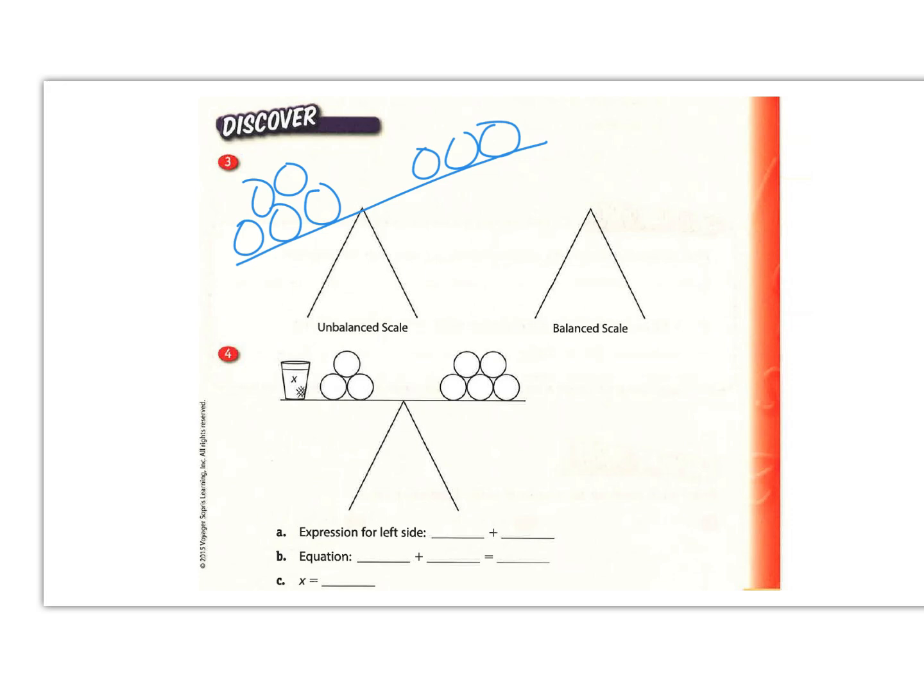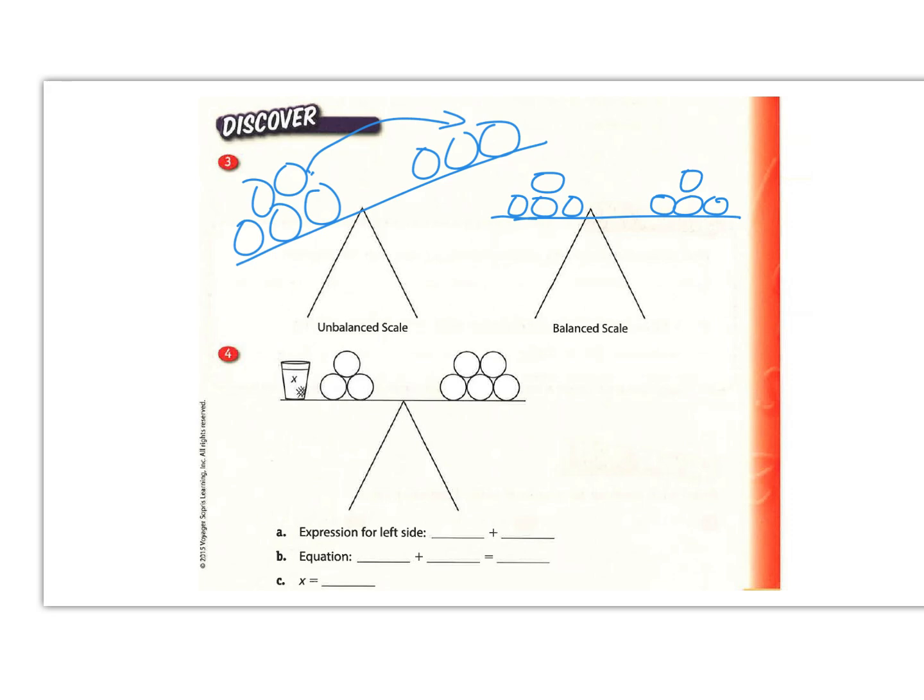So to balance it out, we could take one of the things from here and move it over, and then we would have 4 things on both sides and it would be balanced.